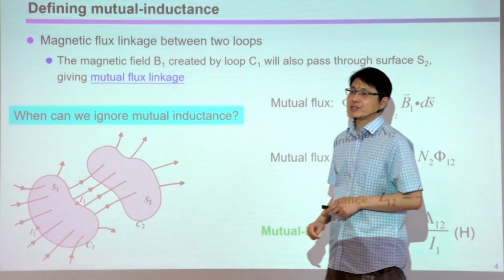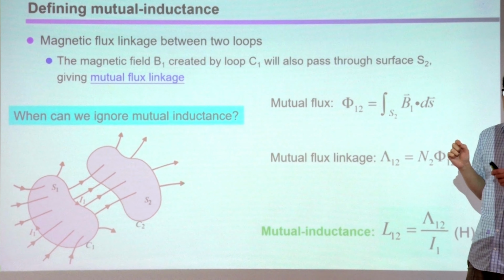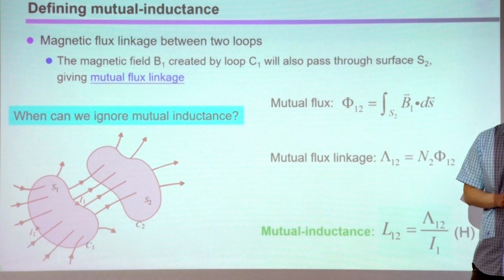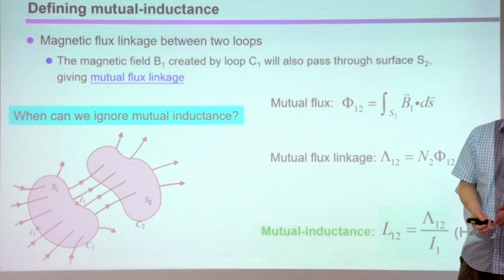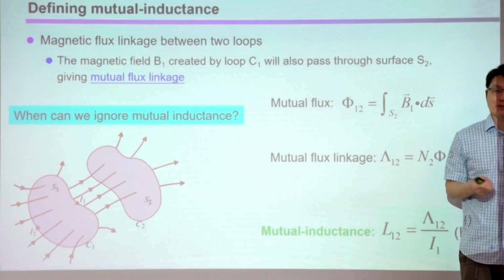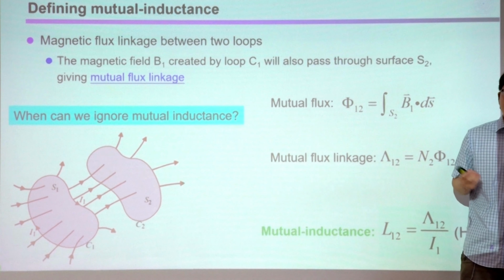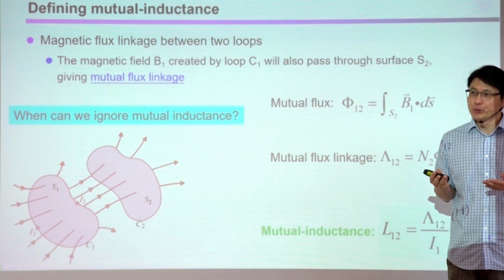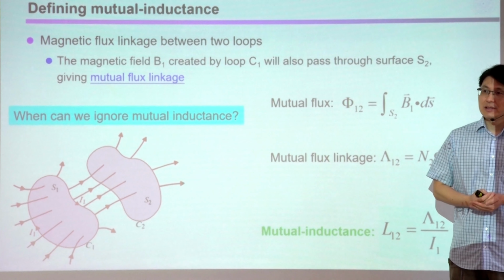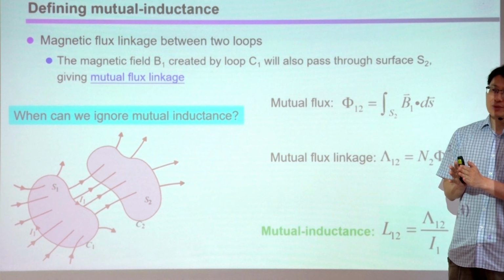Bigger question is, when can we ignore mutual inductance? So take a look at the blackboard. I gave you 3 loops, right? Labeled C1, C2, C3. When can we ignore mutual inductance? This is telling you self-inductance is always there.